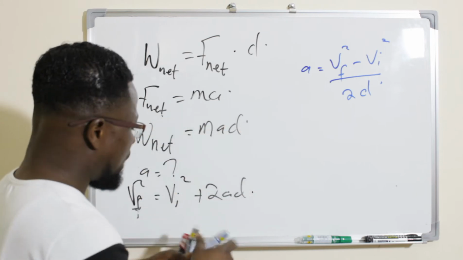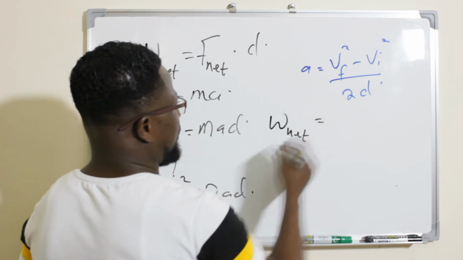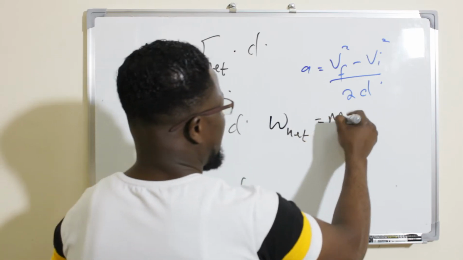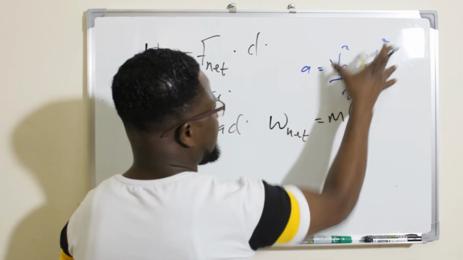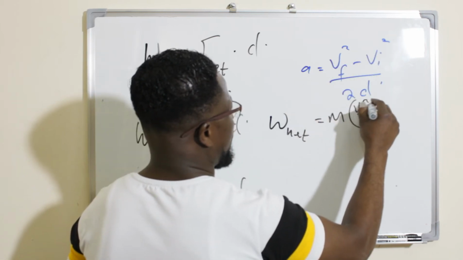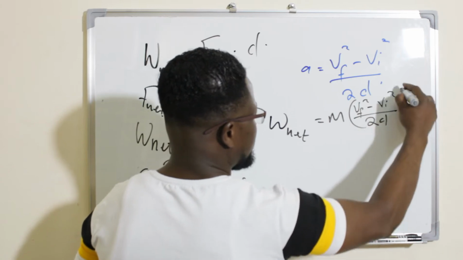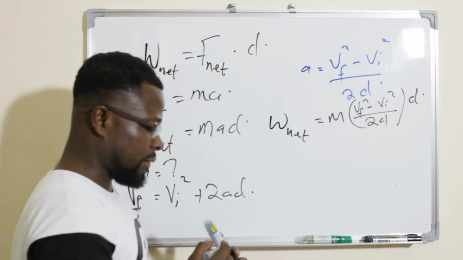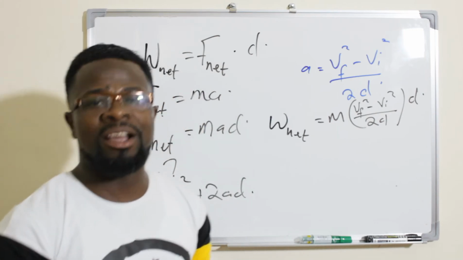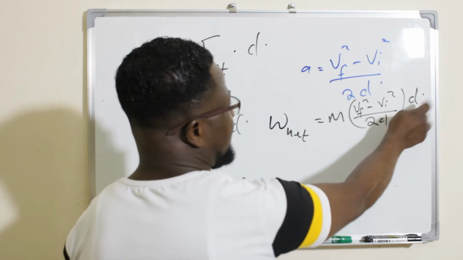So let's look at it and say that W net is now equal to m into, in place of a, I am putting this there. So that is Vf squared minus Vi squared all over 2d. And remember, there is another d. What have I gotten now? There is a d here, there is a d there.